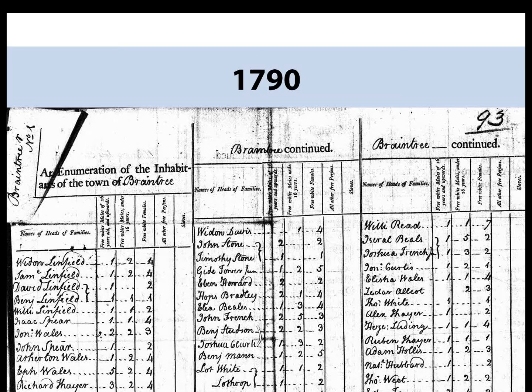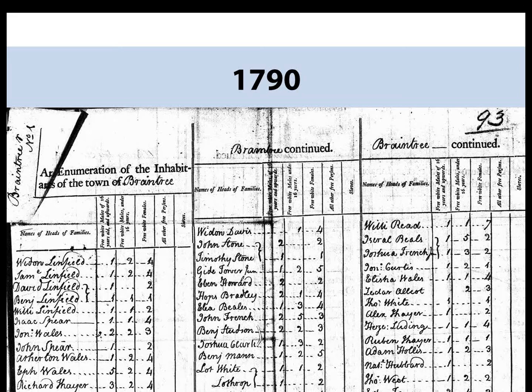It's the head of household, the number of free white males, and they divide that into categories of under 16 and 16 and over. There are categories, there's a column there for the number of free white females, as well as slaves and free white persons. And that's it.